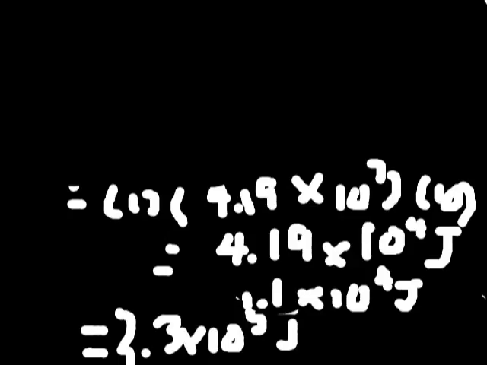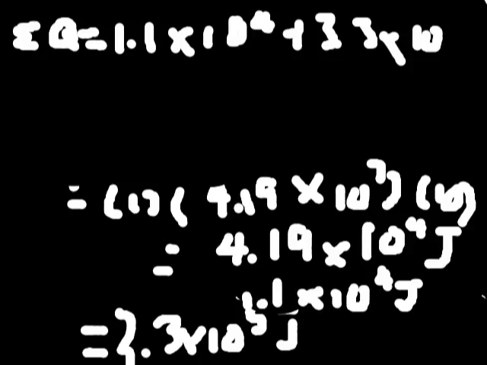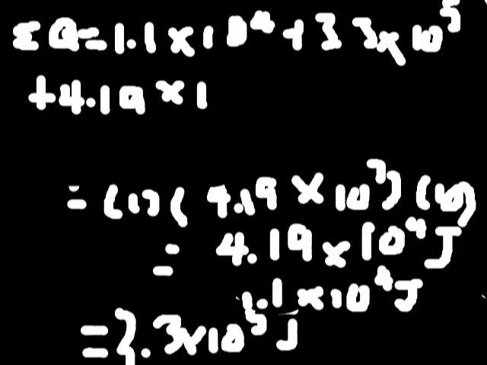So the total Q, or the sigma Q, is equal to 1.1 times 10 to the 4th plus 3.3 times 10 to the 5th plus 4.19 times 10 to the 4th.